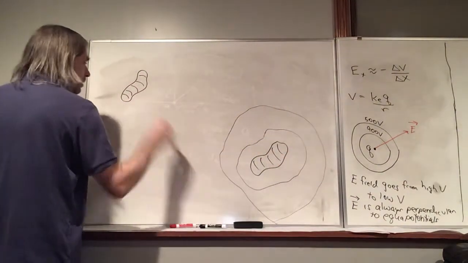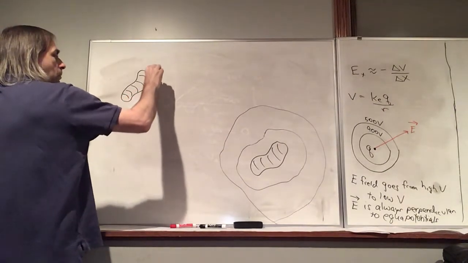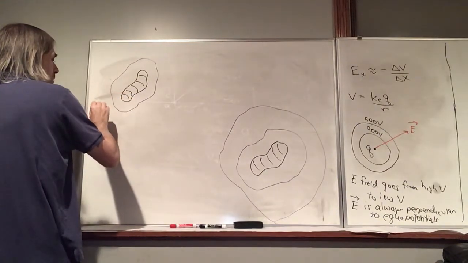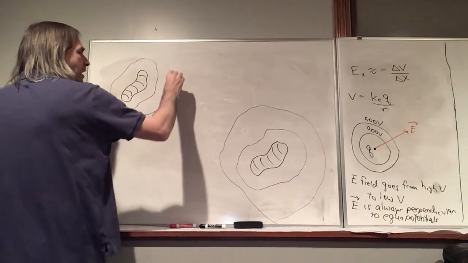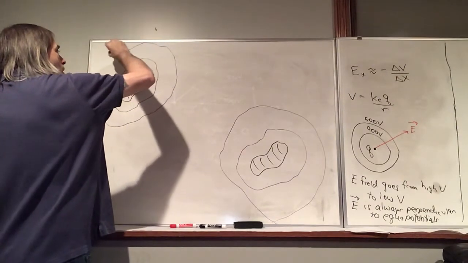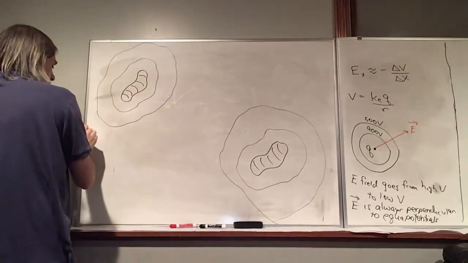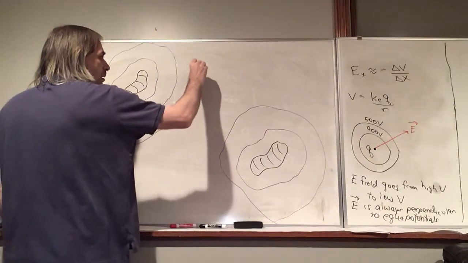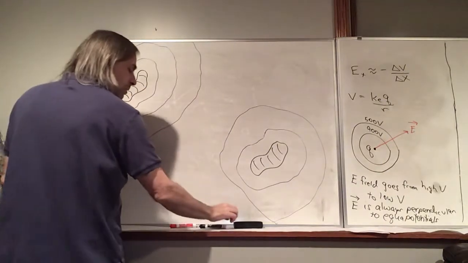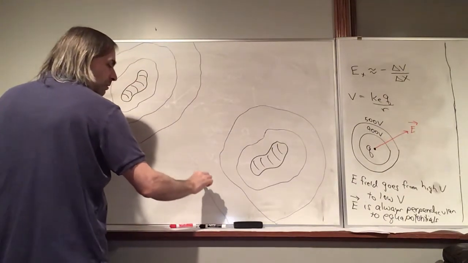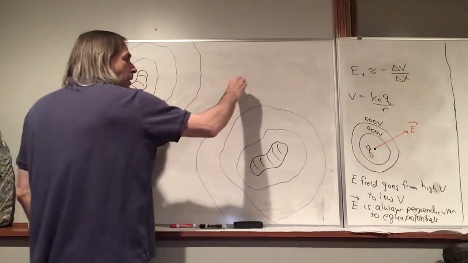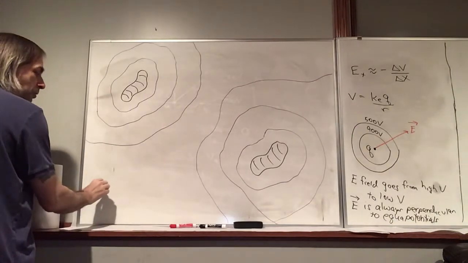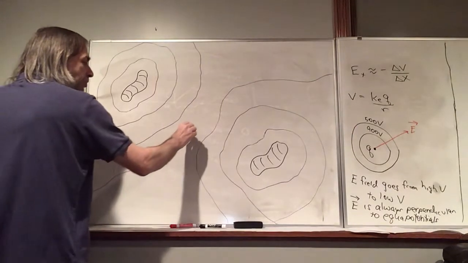We're going to loop around and I'm going to give numbers to these as well. Again, this is a fairly realistic idea of what an equipotential region could look like.